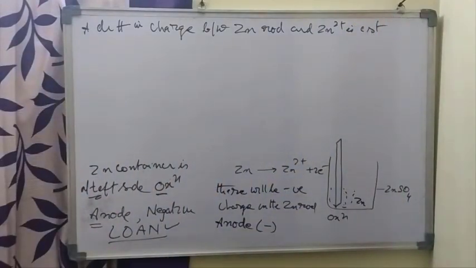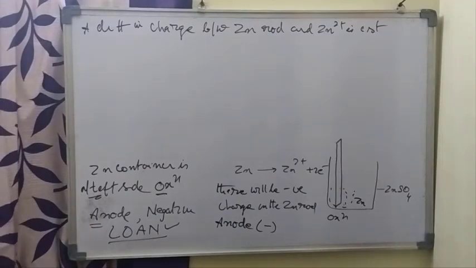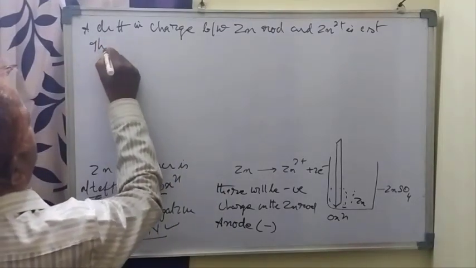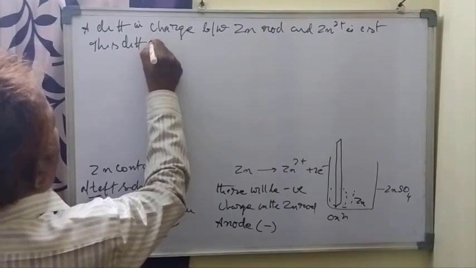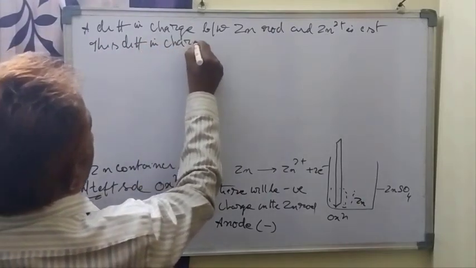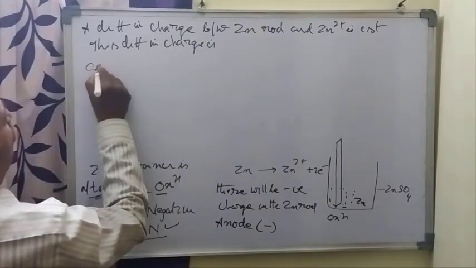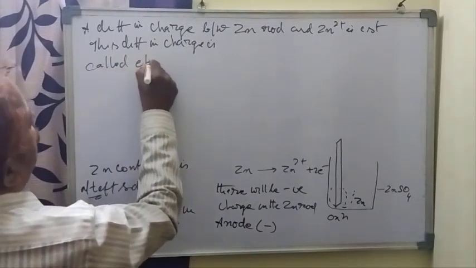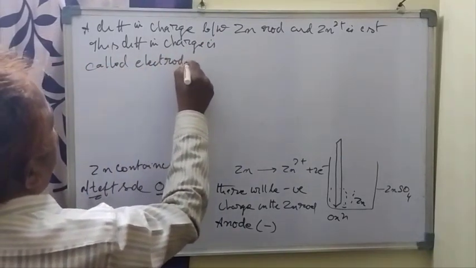And of course this difference in charge is called, what do we call this? This is called electrode potential.